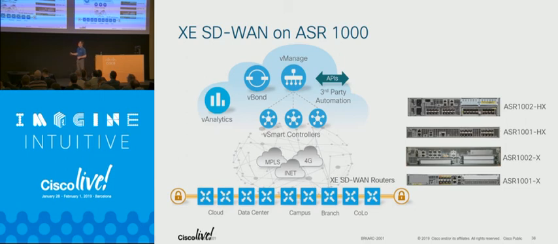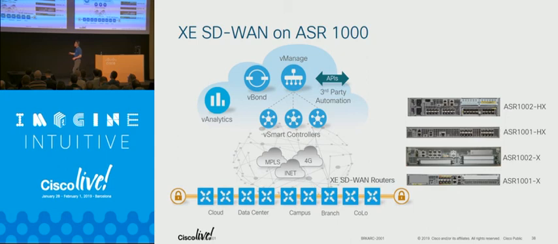Then you have the vSmart. vSmart is the one, we said, distributing the OMP, your Overlay Management Protocol, distributing the routing information for the fabric, right? And now the ASR 1000 can join as an XE SD-WAN router.